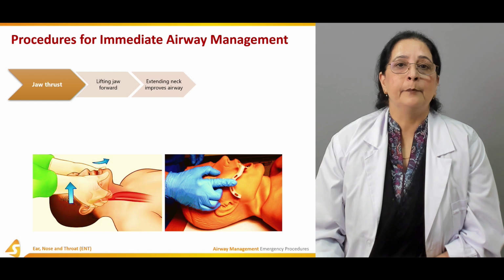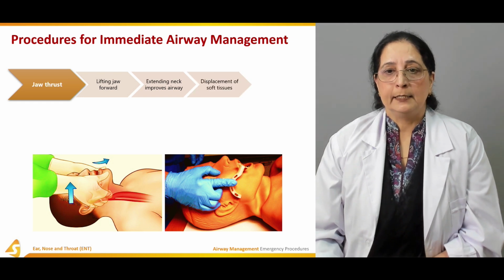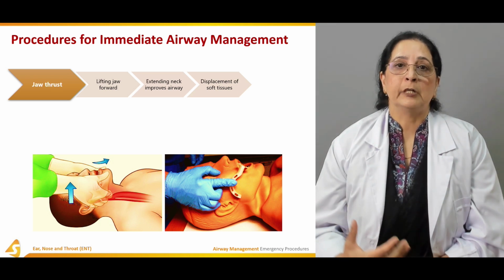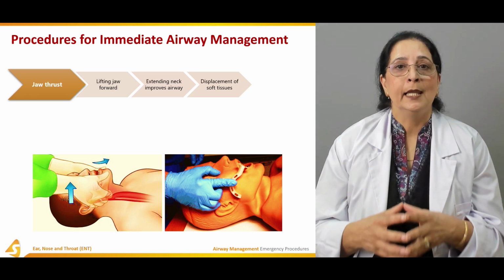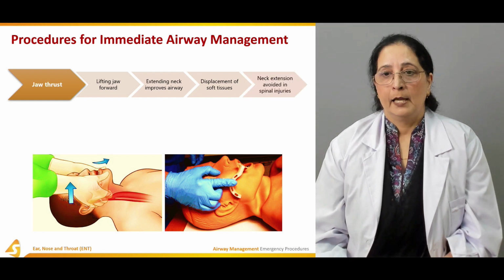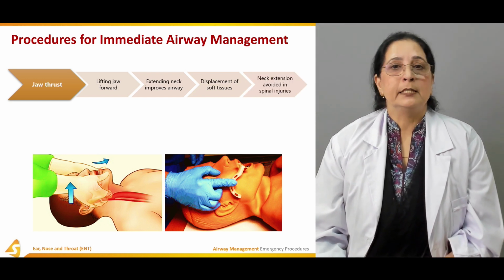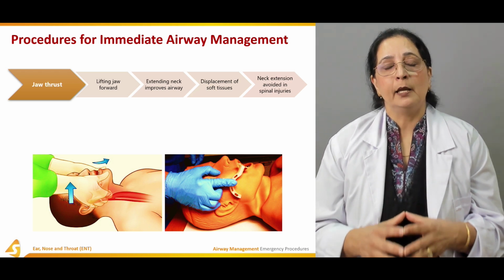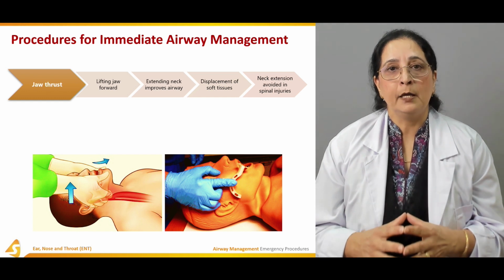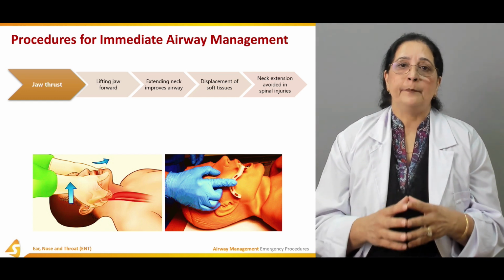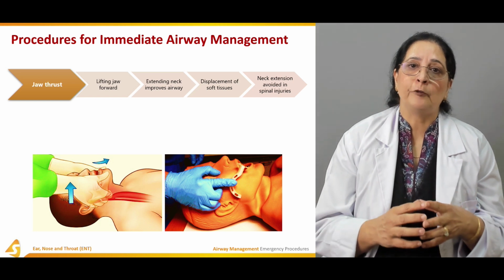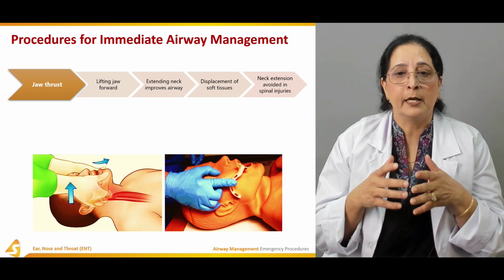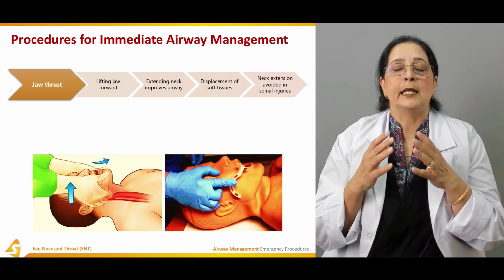Extending the neck improves the airway. It causes displacement of the soft tissue to remove any obstruction that can be obstructing the airway. Neck extension is avoided in spinal injuries. So if the patient is injured, if there is airway obstruction, the first step sometimes is the jaw thrust, in which the jaw is lifted forward, and the neck is extended.